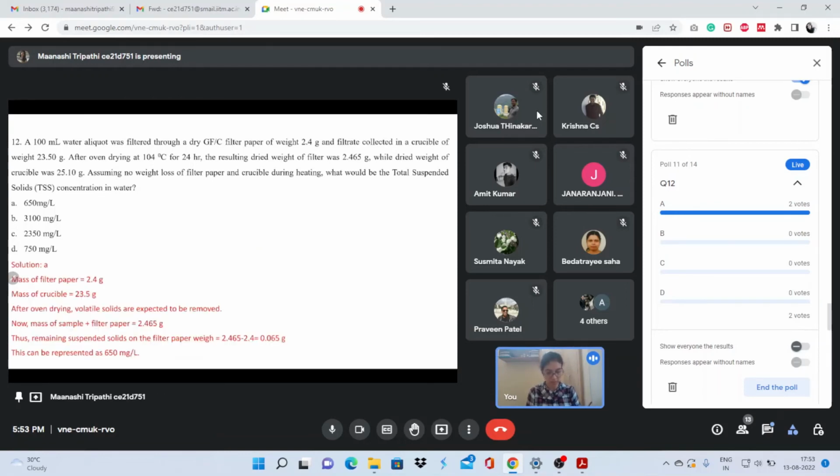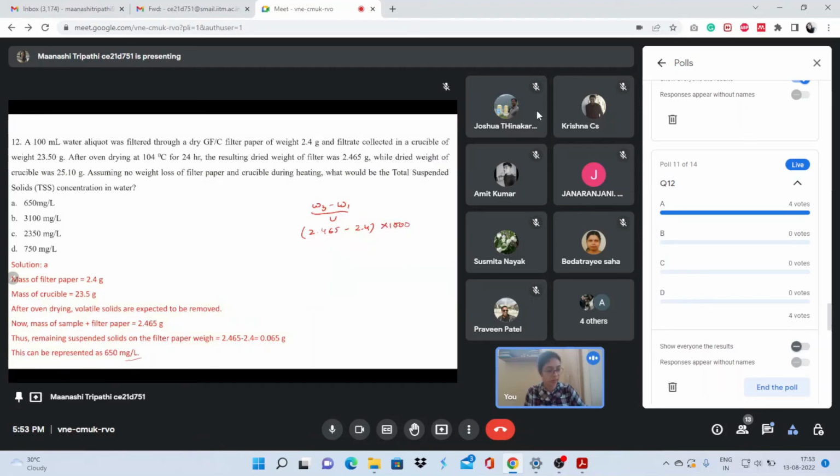So the answer is A, 650 milligram per liter. See, W3 minus W1 divided by volume: 2.465 minus 2.4, and the answer is in milligrams per liter and this was in gram, so we will multiply it by 1000.